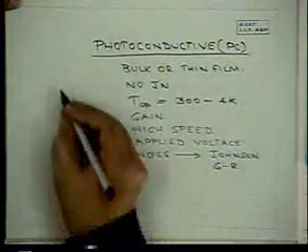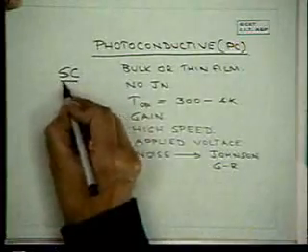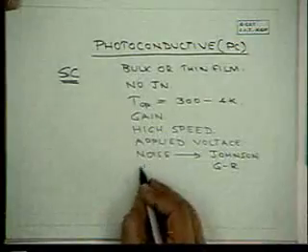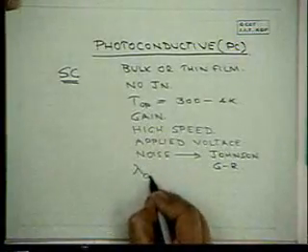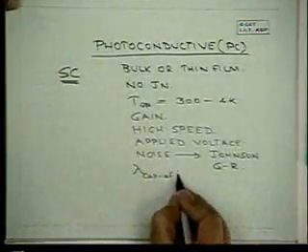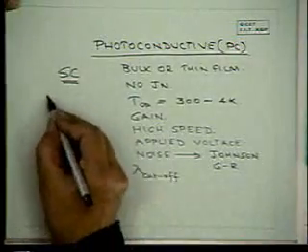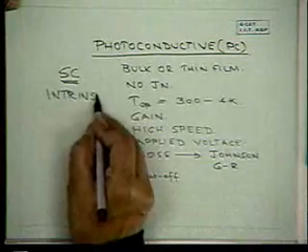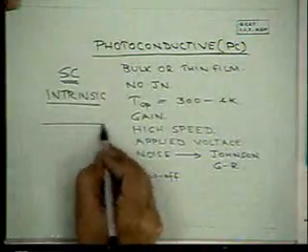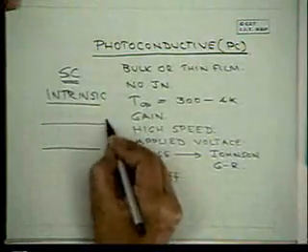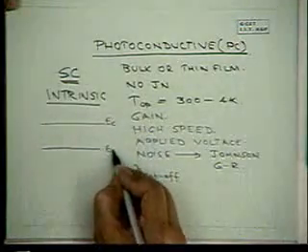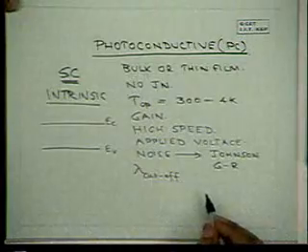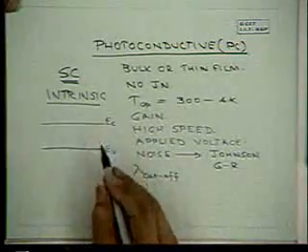Photoconductive detectors are based on semiconductors, so there is a lambda cutoff, and this depends upon whether the detectors are, if you have an intrinsic type of detector, that means operation, these need not be exactly intrinsic.